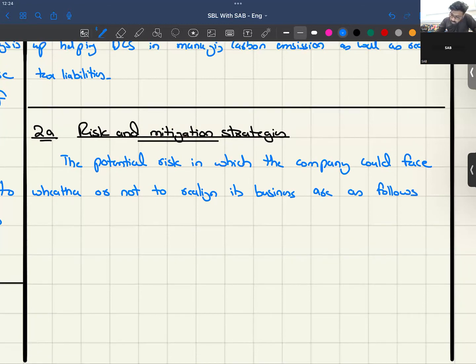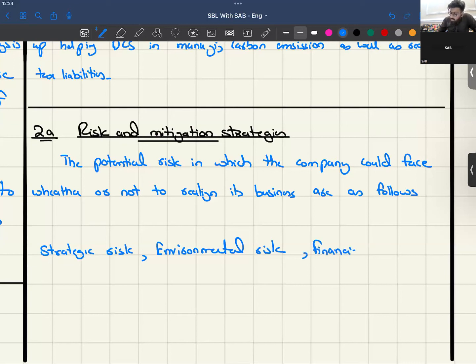So here I mention the risks below, but again, what are they? They could be facing strategic risk, environmental risk, and the third risk which they could be facing is financial risk also.